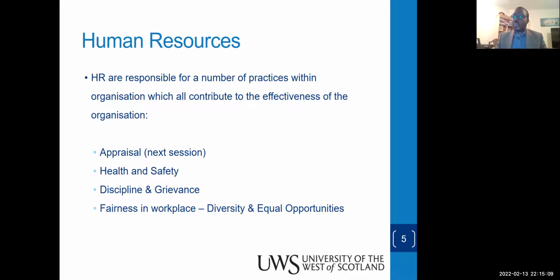Okay, so we'll move on and then we'll look at this key element, like I said, human resources. We'll be looking at a number of practices that fall under the HR regime or their jurisdiction, their departmental roles. A lot of them come up there. You always hear of annual appraisal, midterm appraisal. Health and safety, very important.